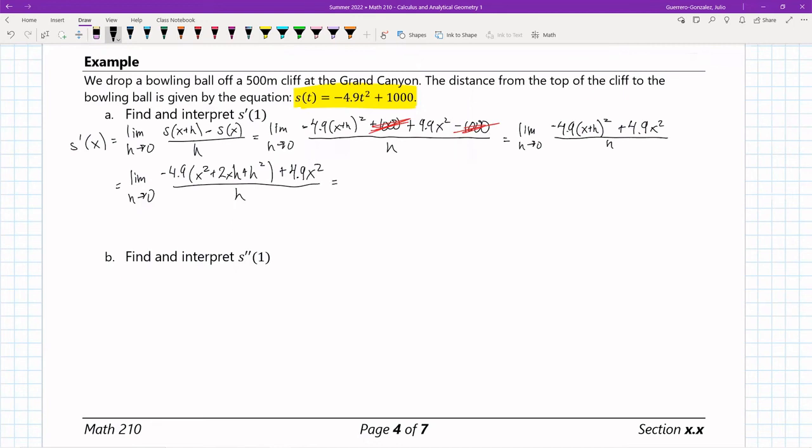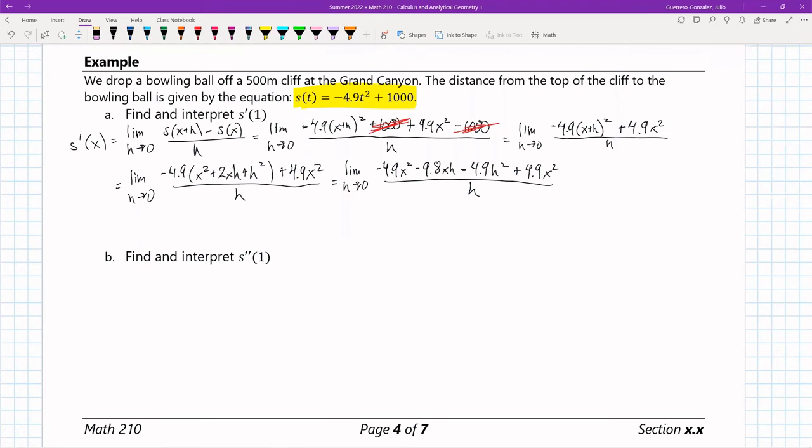Hopefully you guys see what's happening here. Limit as h approaches 0 of minus 4.9 x squared minus 9.8xh minus 4.9 h squared plus 4.9 x squared all over h.